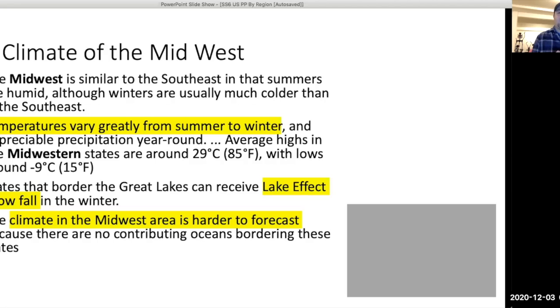Okay, temperatures vary greatly from summer to winter, and there is appreciable precipitation year round. Average highs in the Midwestern states are around 85 degrees with lows around 15. So in some highly populated areas like Chicago, you'll see a big heat wave come through in the summer, and a lot of people aren't prepared for that, and it causes a lot of health-related issues.